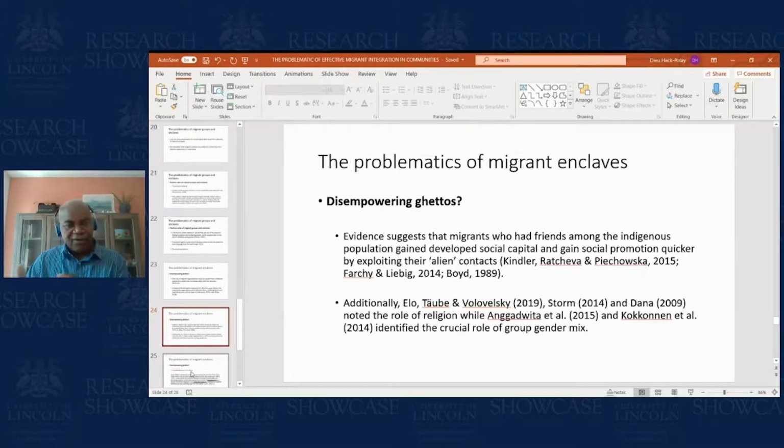And also Elo and Taube and Wolowski found significant evidence to support the fact that it could be problematized. Migrants could be problematized, particularly when we look at factors such as religion and economics.